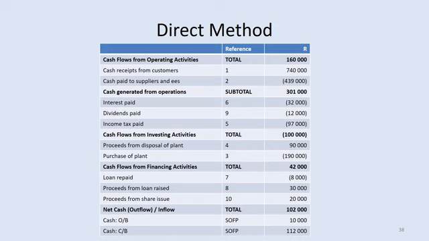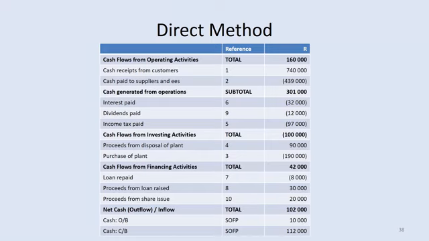If we take 740 minus 439, we should get a subtotal of 301. We then have our interest paid, dividends paid, and income tax paid, references 6, 9, and 5 from our table. We see these are all outflows of 32, 12, and 97. If we take those figures from the 301 subtotal, we get our cash flow from operating activities right at the top of 160,000 Rand.